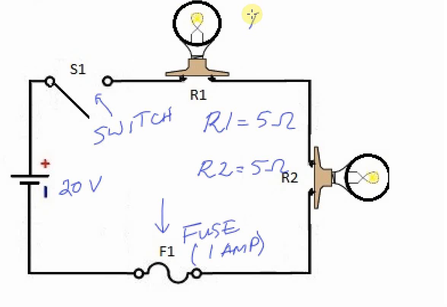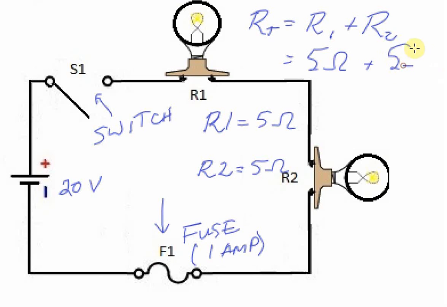So we can determine the total resistance by adding R1 plus R2. So 5 ohms plus 5 ohms would give us a total resistance of 10 ohms.